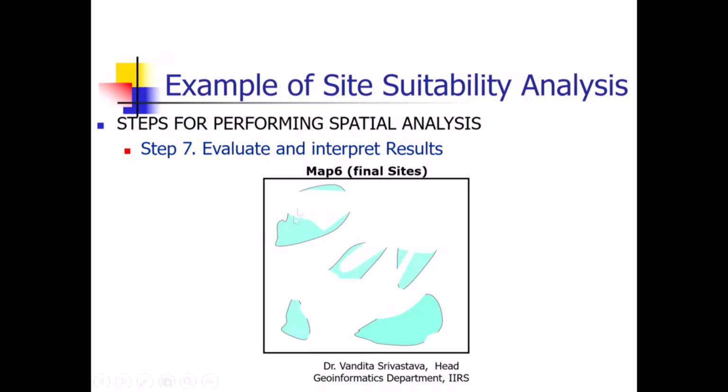Now at this stage I can also keep on adding criteria. If I say that I don't want to log all the trees at one time, I will do it in a phased manner, so that by the time I go for phase 2, some plantations have already grown, the younger plantations are already there, so that I do not lose that species at large.